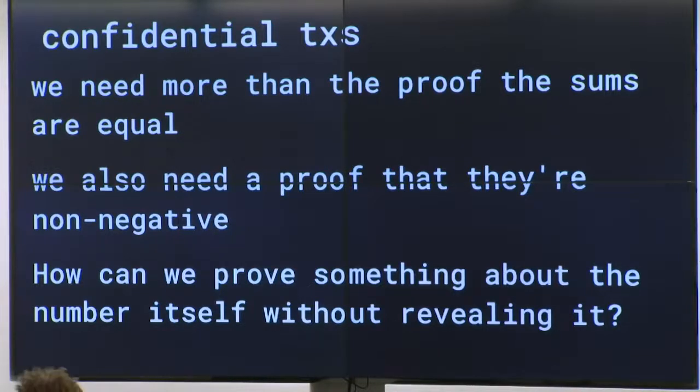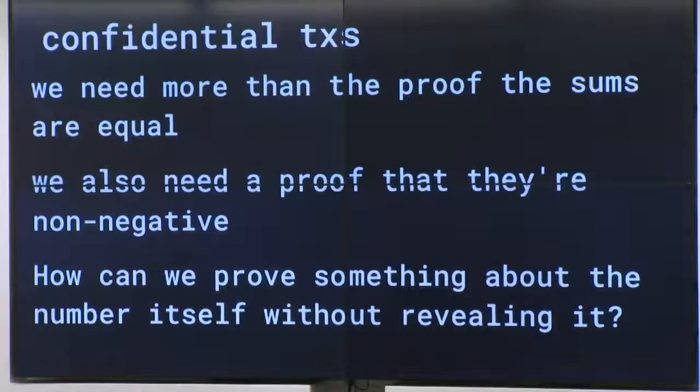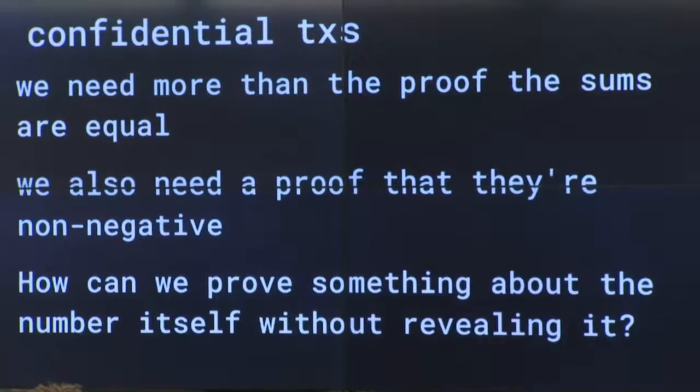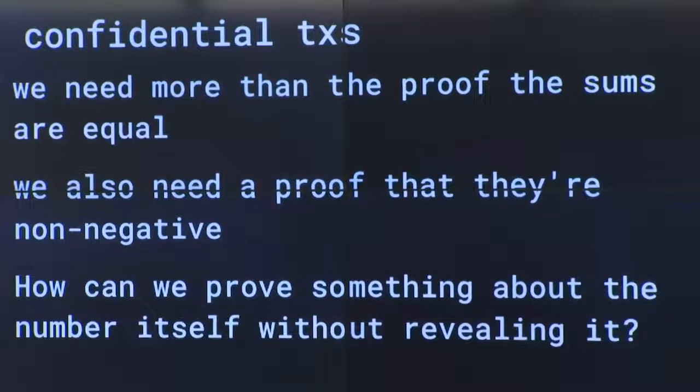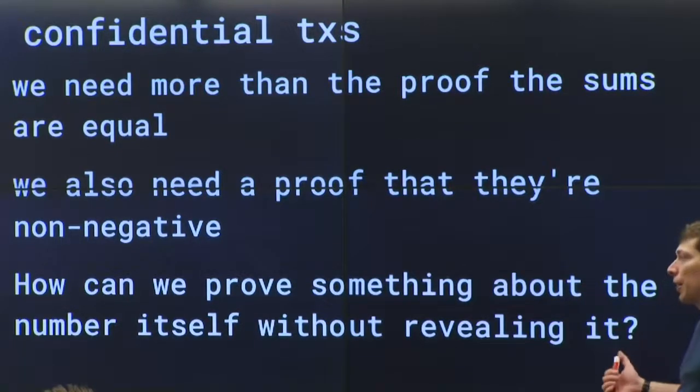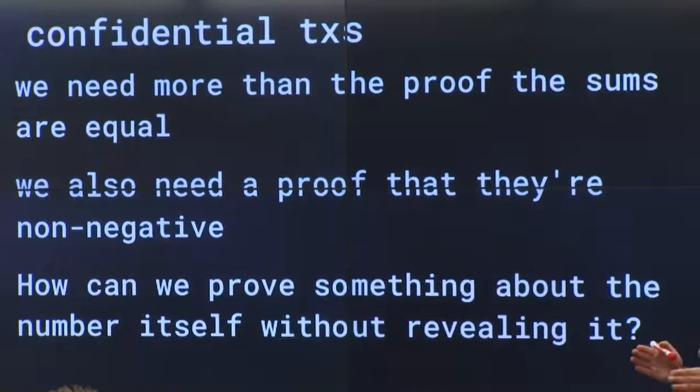But how can we prove something about the number itself without revealing it? This is an even trickier problem because before we wanted to prove a sum, right? We wanted to prove that z equals x plus y. I don't want to tell you what x plus y is, but I'll tell you what z is. That was proving a relation between these numbers. This is proving something about that number itself, individually.